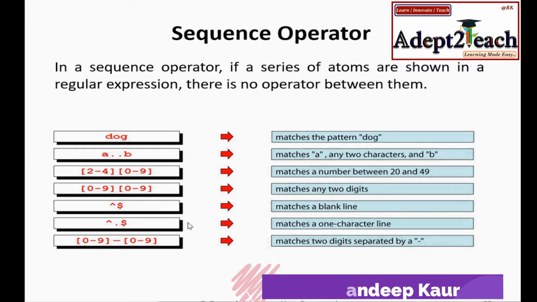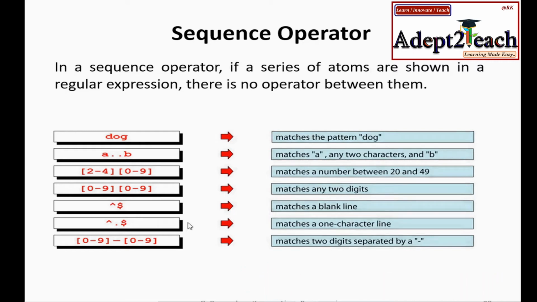So it will only look for those matches with one character in a particular line. If I want to search for two digits separated by a hyphen, then search for one digit, put a hyphen in between, search for second digit enclosed between your square brackets. That is your sequence operator.